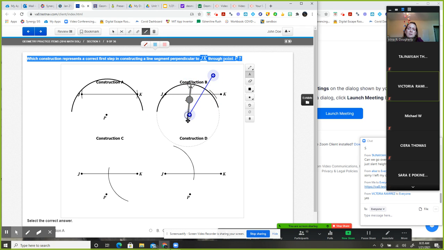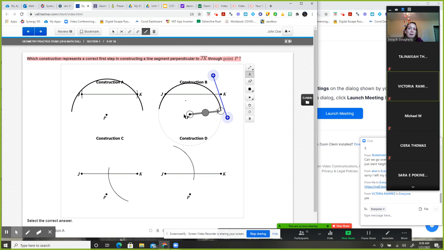Maybe I didn't have it in the right spot. If I move this guy over, look at that, he fits perfectly. That's going to be my answer. So even if you're not sure what to do, you can use your tools to play around and see if you can figure it out. Again, any of these compass questions I would save until the very end.